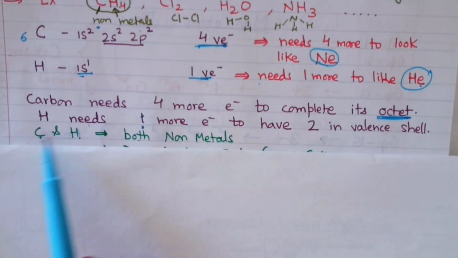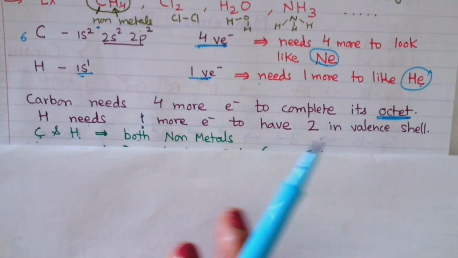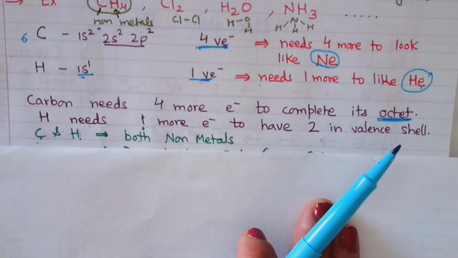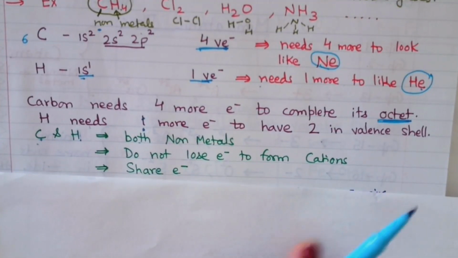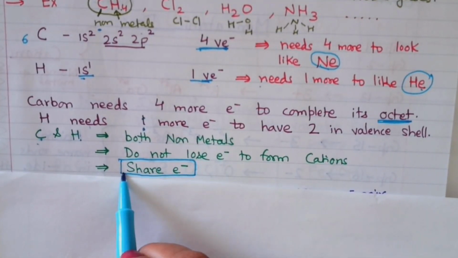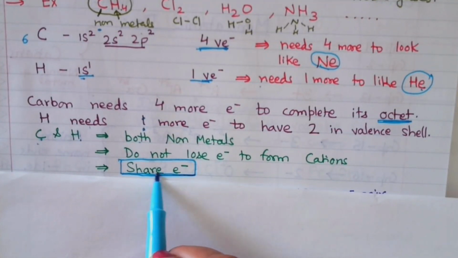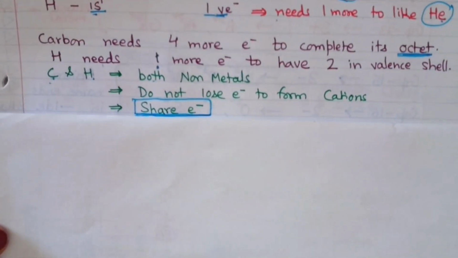So neither of them is going to lose any electrons. They want electrons, but they cannot lose electrons to look like noble gases. So what's the option? They would share electrons. They do not lose or gain electrons, rather they believe in sharing, right? So how do they share electrons?